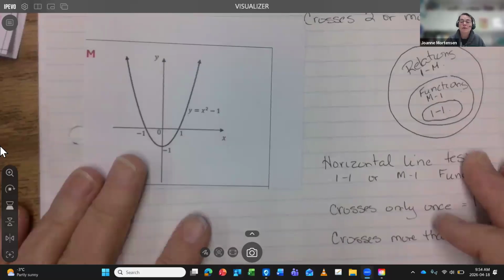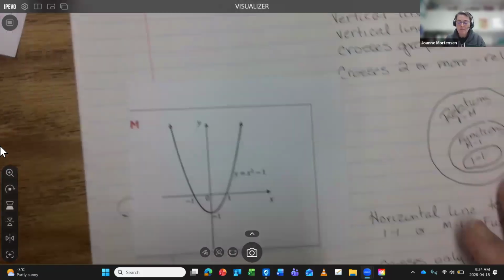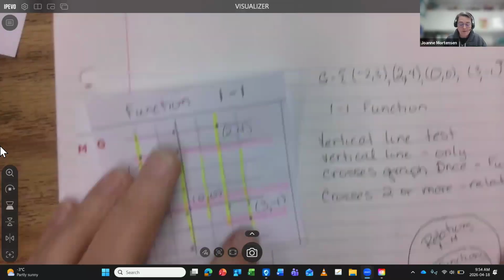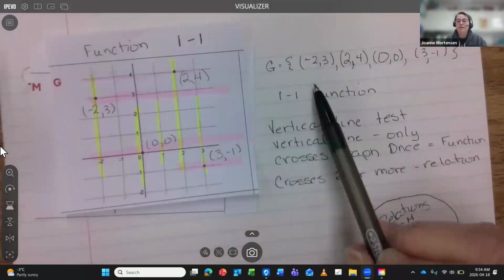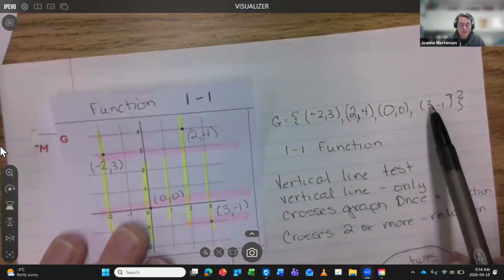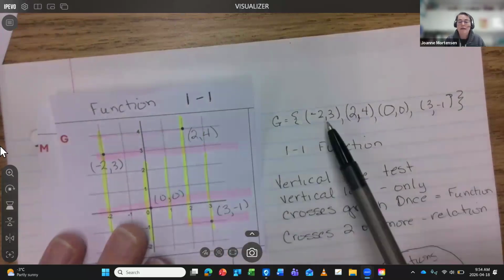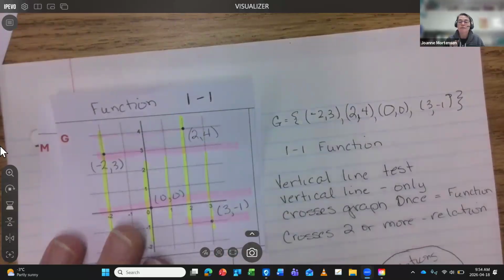Okay. So I don't need points, because remember on these ones, if I really was having a bad day, I could go back up there and write out the coordinates of all the points. And then again, all my x's are different, all my y's are different, so I know it's a one-to-one function.